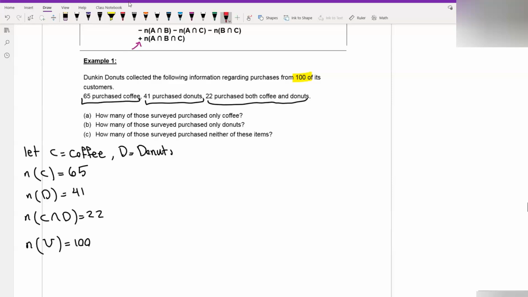Now I want to see what is being asked. Part A, how many of those surveyed purchased only coffee? So here we have to find the number of elements that we have in coffee, subtract the intersection between C and D, because it's asking for only.